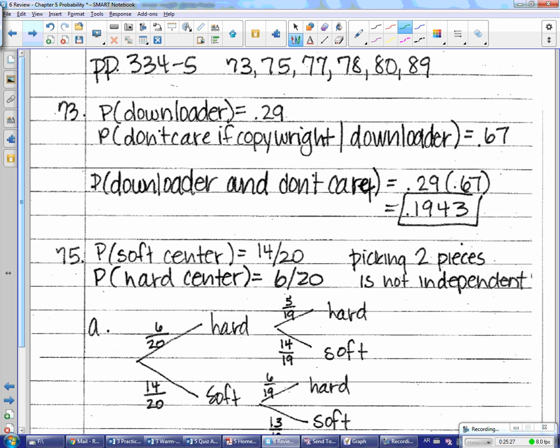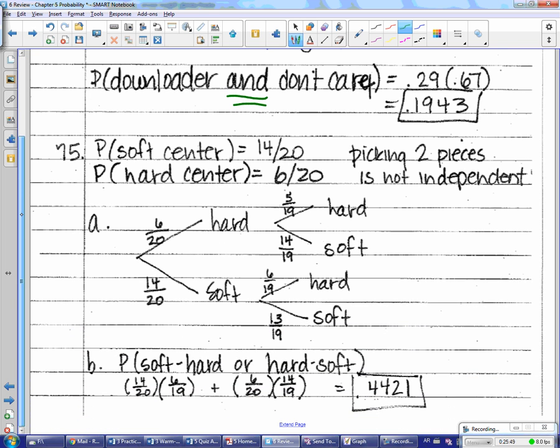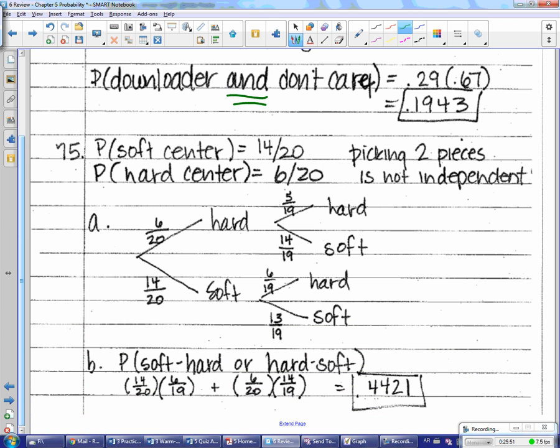And then these are the problems out of the book. So number 73, notice I just jotted down the given information so that when I had to find the probability of both, it was very easy just to apply my probability rule. This is just the multiplication rule. Number 75, I did a tree diagram instead.